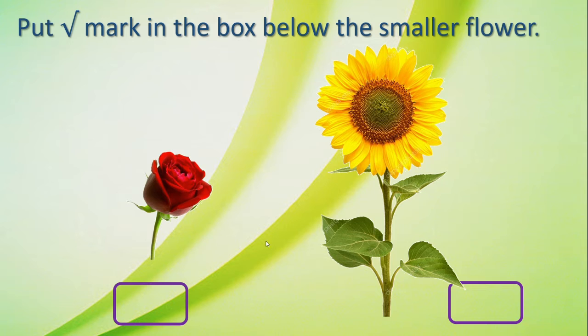Yes, please observe the size. One is small and one is big. Now we have to put right mark in the small flower. Yes, very good. This is the smaller one. Correct? So we will put tick mark here.